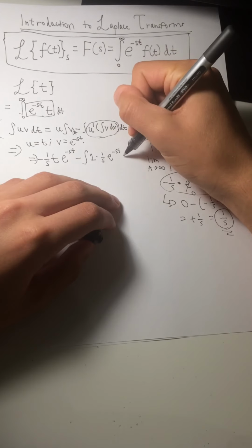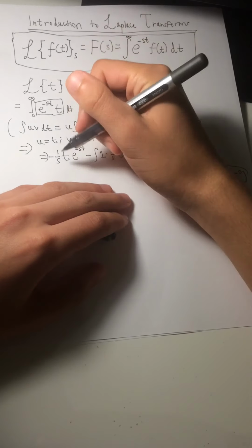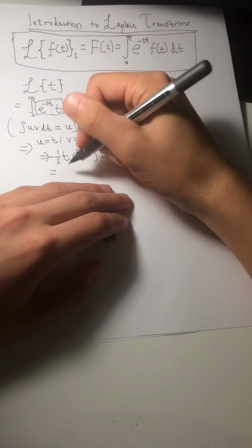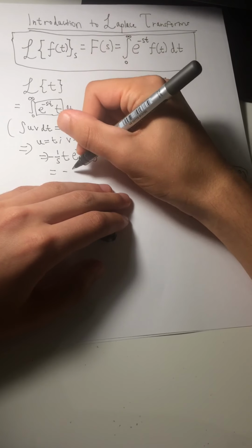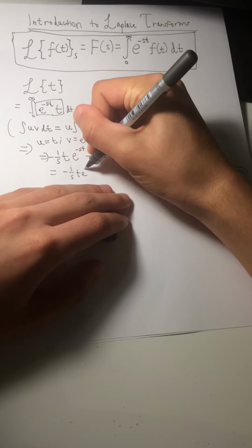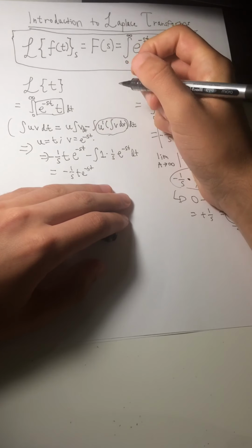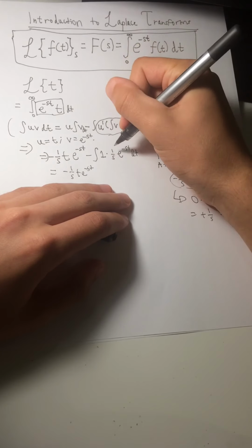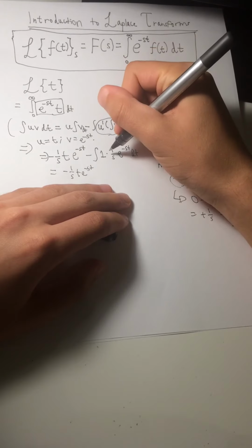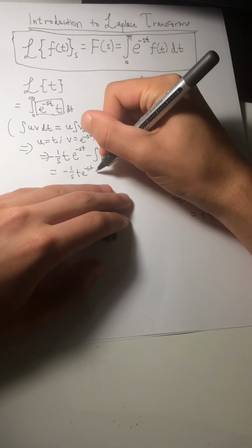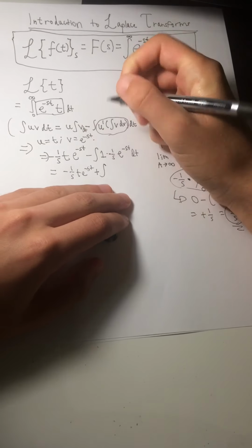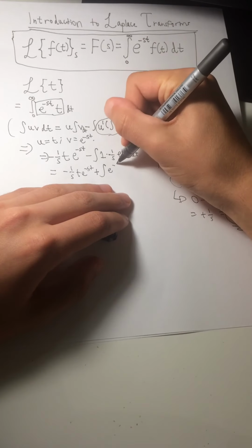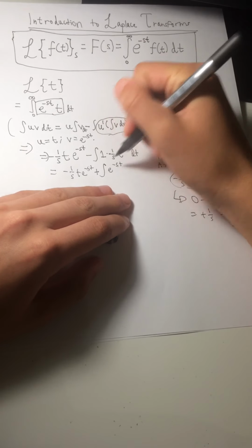And you know, this is basically the same thing as, well, using a constant rule, we know that that's equal to, oh, I forgot the minus here, shame. And we basically end up doing the same thing over again.